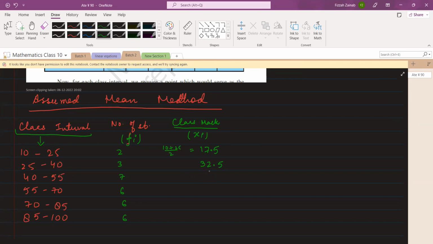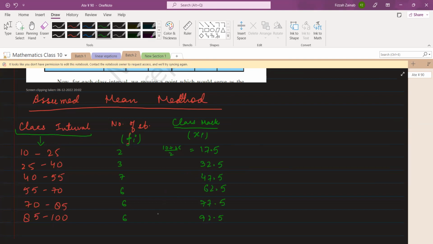I'm just looking at your book, but you learn the method, okay? I am just doing the calculations here: 62.5, 77.5, and 92.5. You know how to find the class mark, okay?